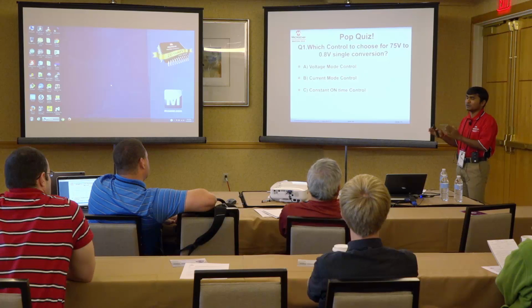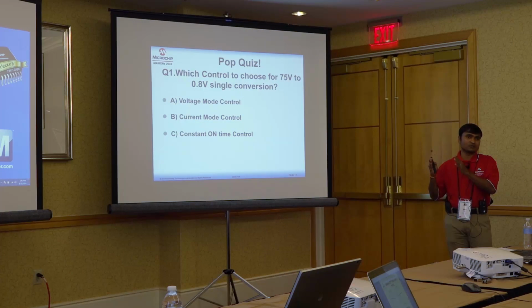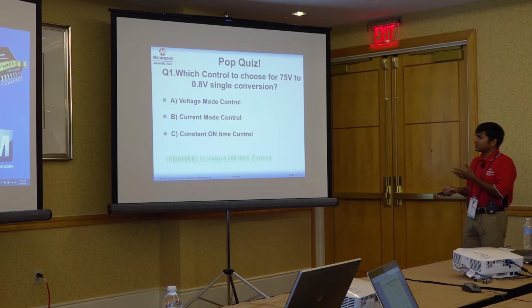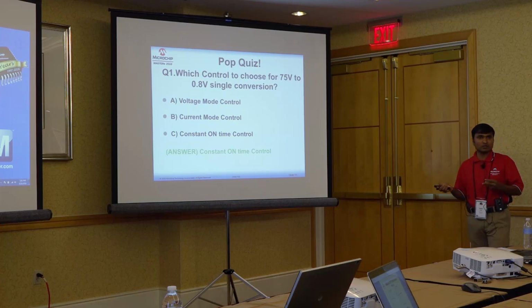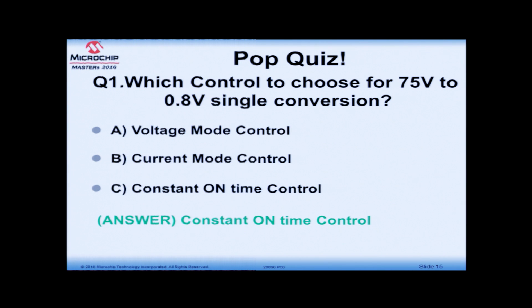Frequency variation will still be there, but at least the output is still within the regulation, 0.1% or 0.3% or whatever we wanted for the load. So, that is why for a lot of our controllers and products, we allow 75 volts to 0.8 volt single stage conversion.